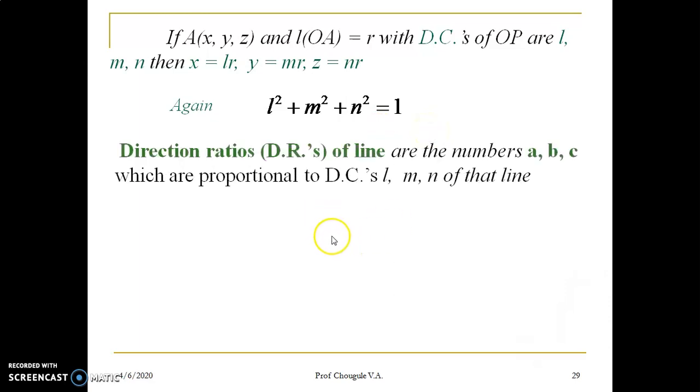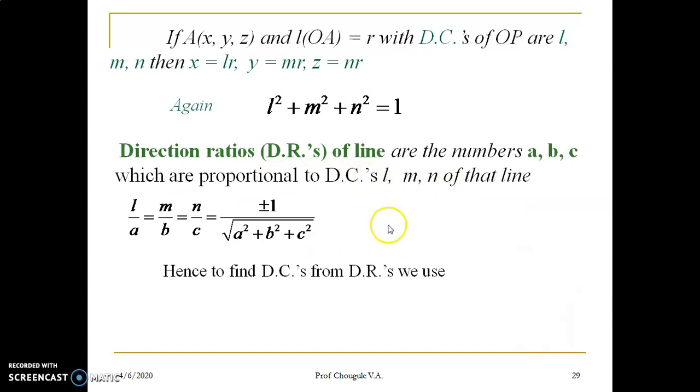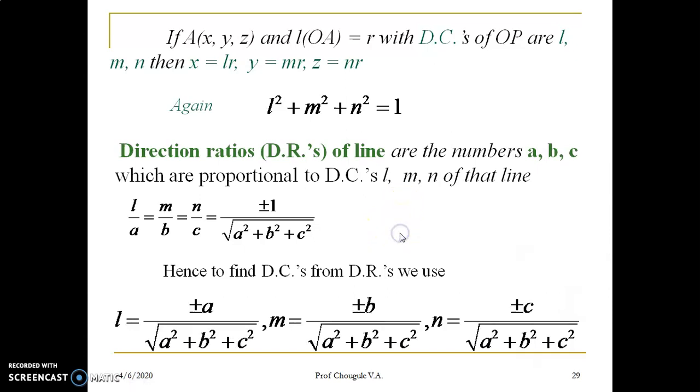Suppose the direction ratios are the numbers a, b, c. Then we can find the direction cosines by using that formula, because the direction ratios are proportional to the direction cosines. Hence, to get direction cosines from direction ratios, we use this formula.